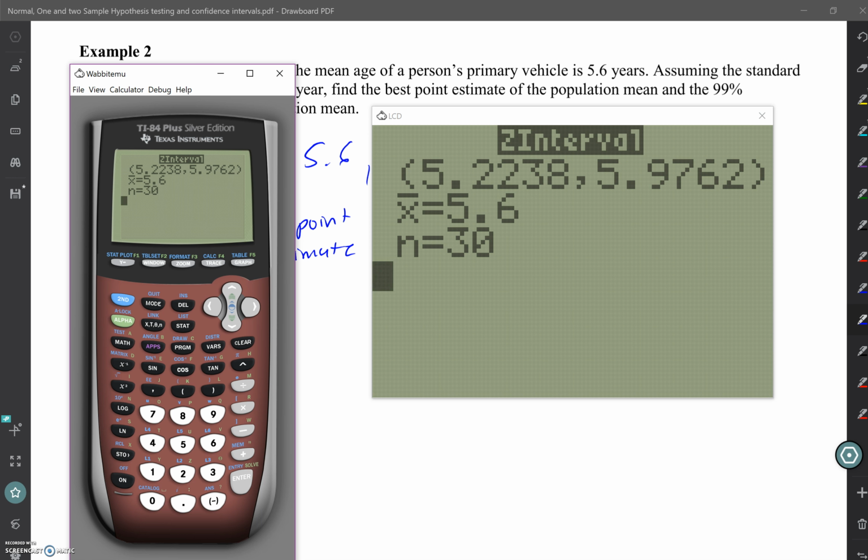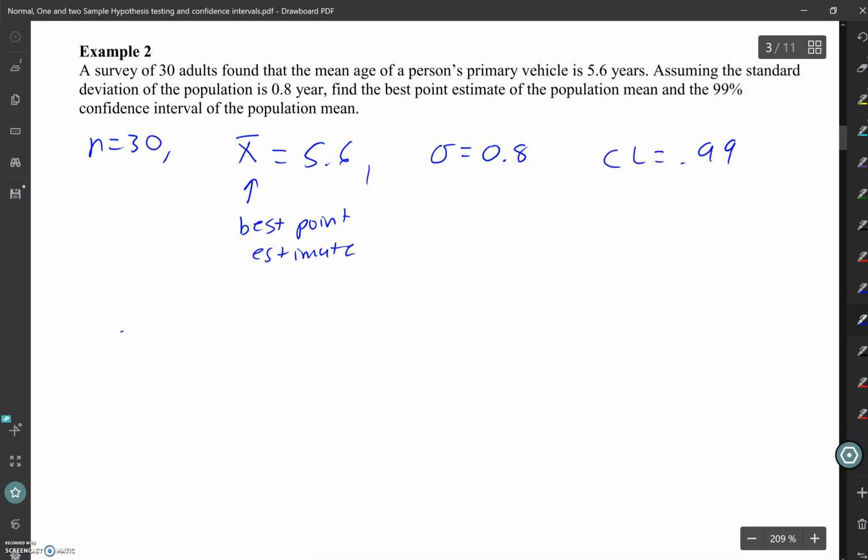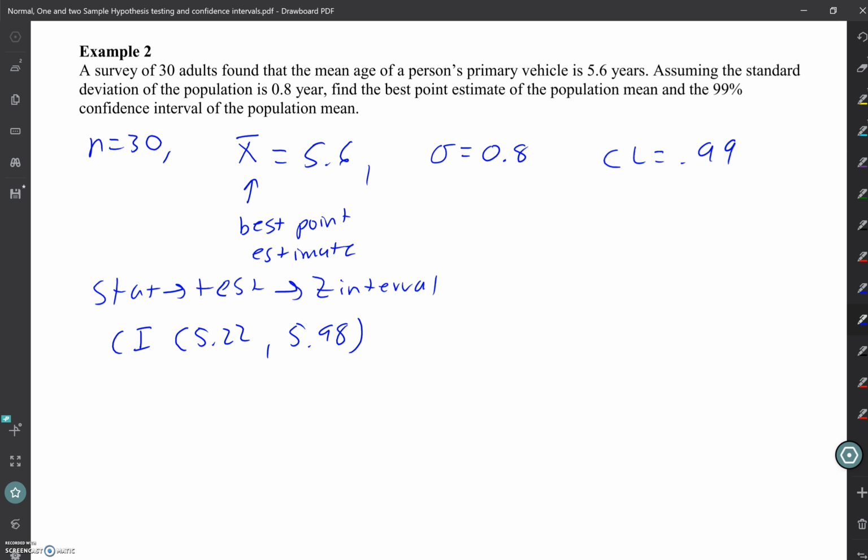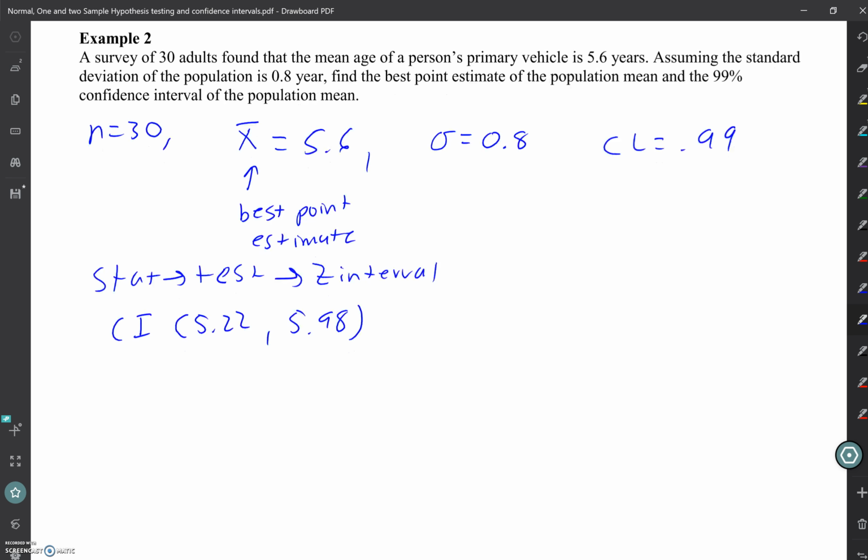So let's take our confidence interval back. We have 5.22 and 5.98. And this is from stats, test, and z-interval to get this interval. Did everyone get it to work? Pretty much what we want to do every time.